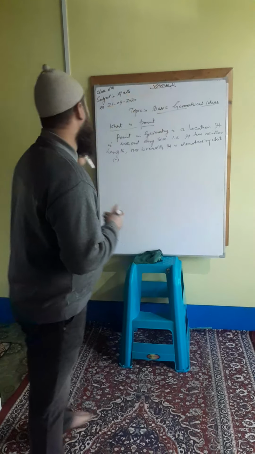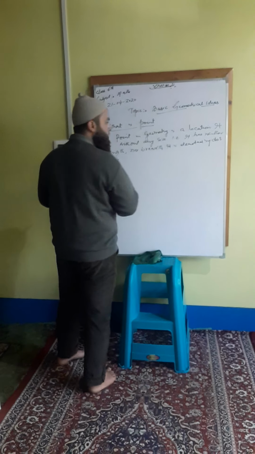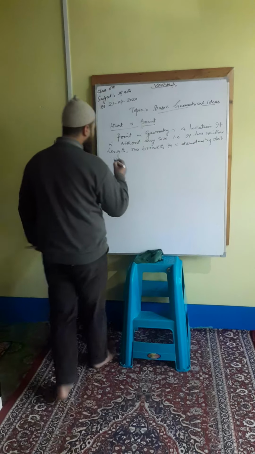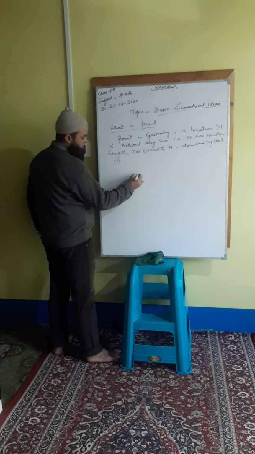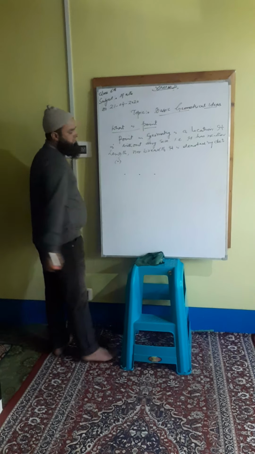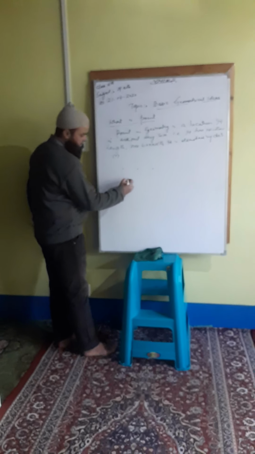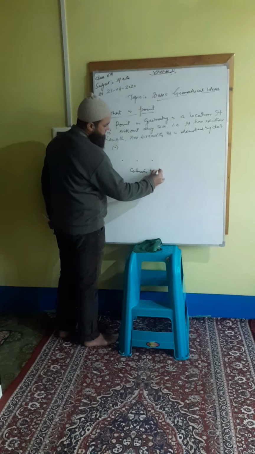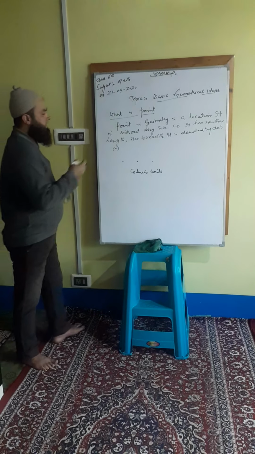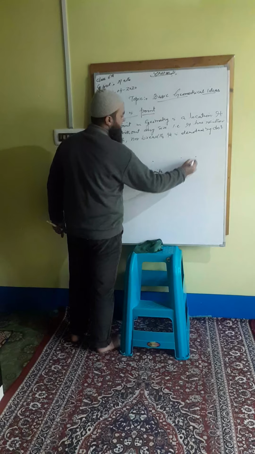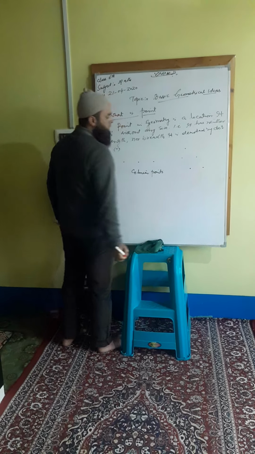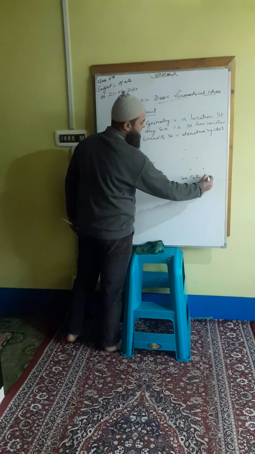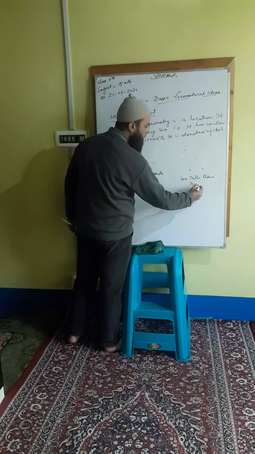Now we have to discuss, there are two ways to draw points. If we draw points in a straight way, then we call them collinear points. If they are randomly drawn, we call them non-collinear.